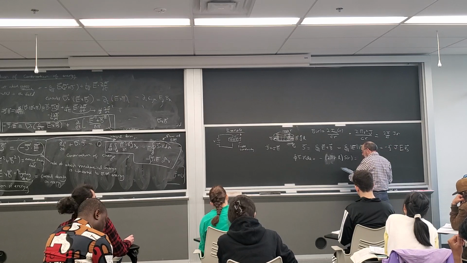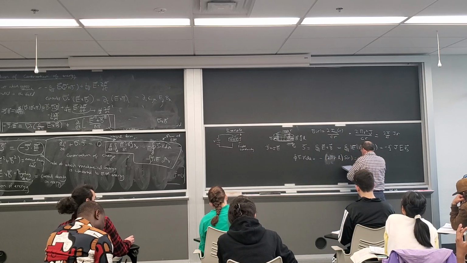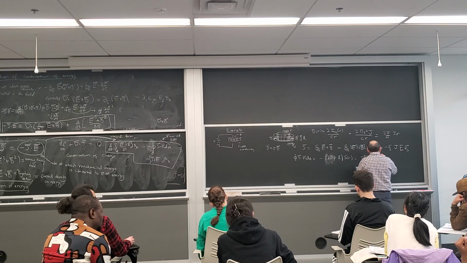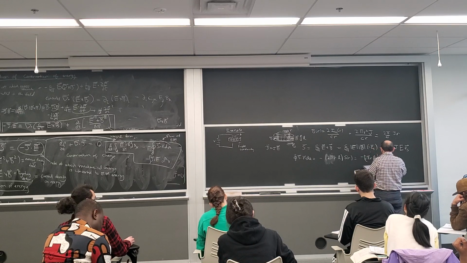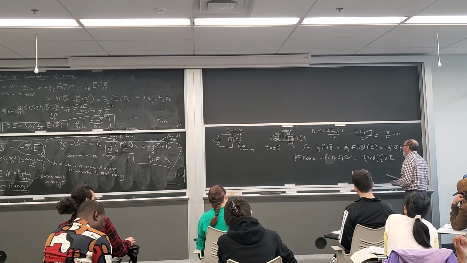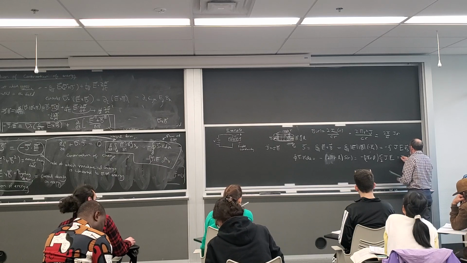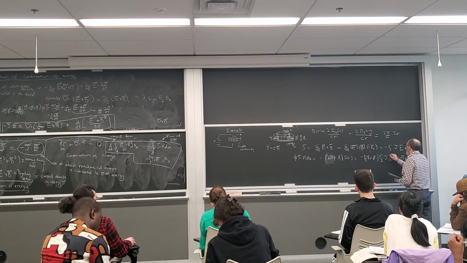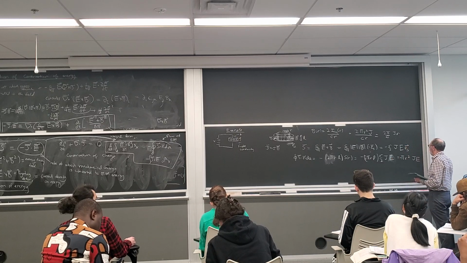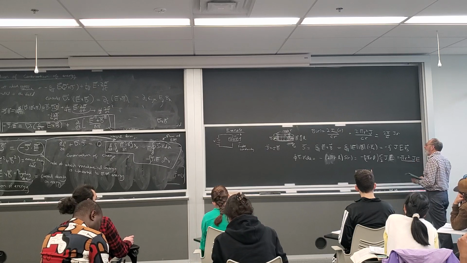And so this is equal to minus 2 pi r L times r over 2 J times E, which is equal to pi r squared times J times E times L.